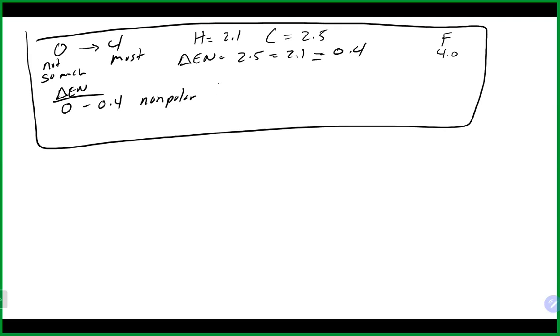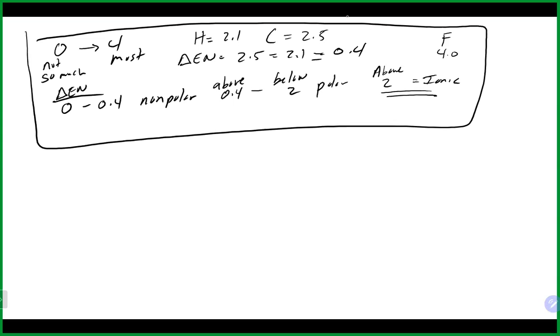If you're above 0.4, so 0.5, I suppose, and below 2, that is a polar bond, which means they're going to share those electrons unequally, with the electrons going towards the atom that is more electronegative. Typically anything above 2, in most cases but not 100% of the time, will be ionic. And remember, you really don't need this one because you will know it's ionic as soon as you see a metal and a non-metal.